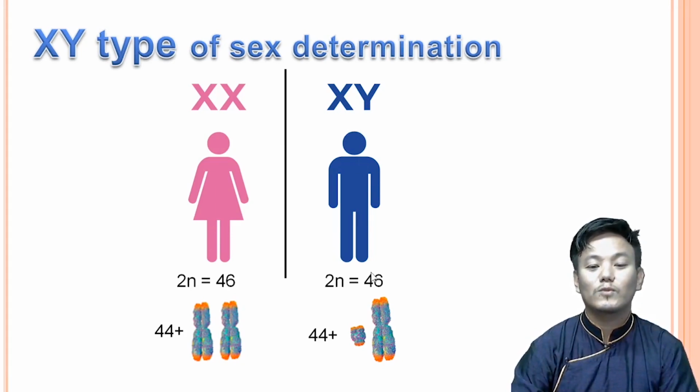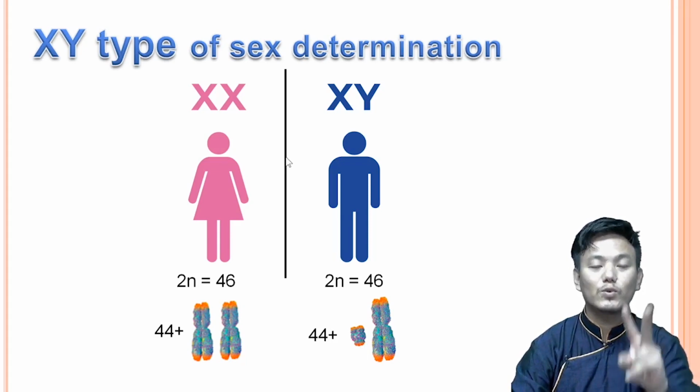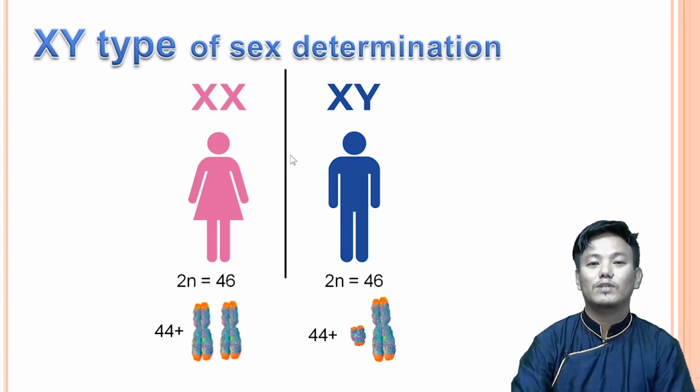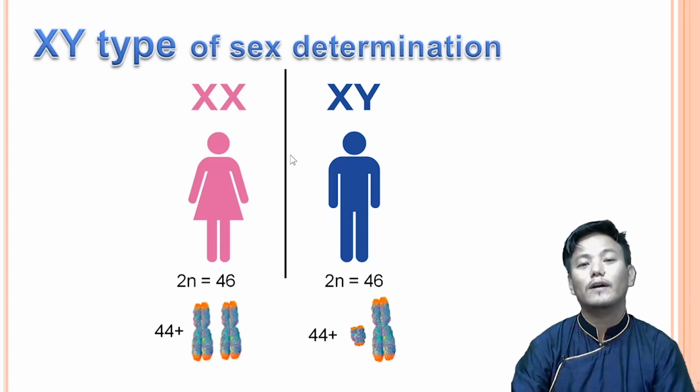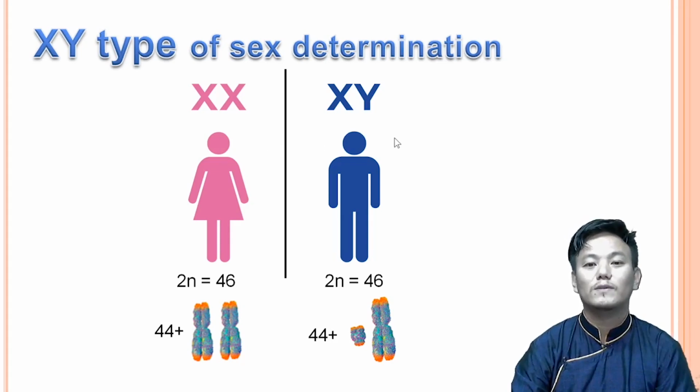The total number of chromosomes in human beings is 46, that is 23 pairs. So 44 autosomes plus 2 X chromosomes are found in human females, whereas in human males we have 44 autosomes plus 1 X and 1 Y chromosome. So we have 2 examples for the XY type of sex determination mechanism: one is Drosophila and one is human beings.